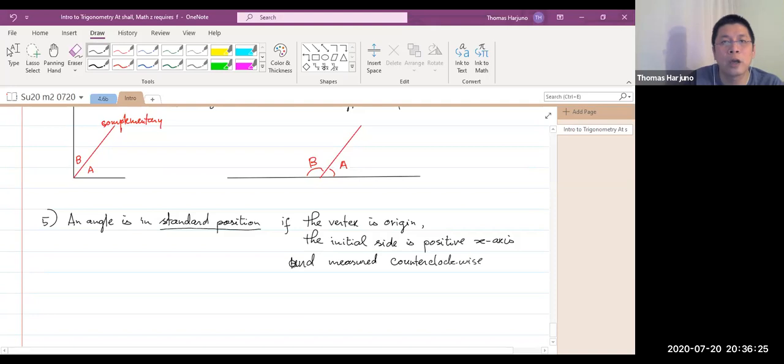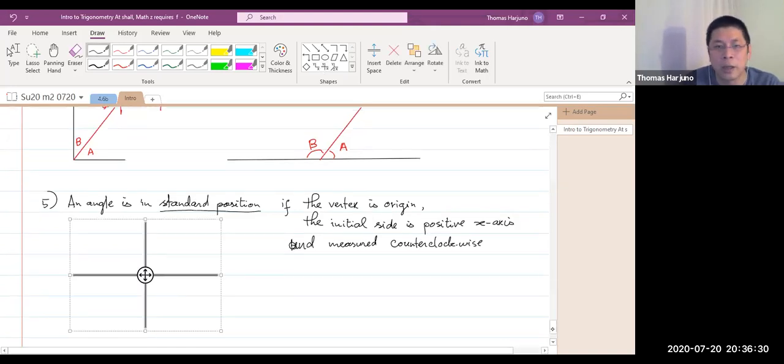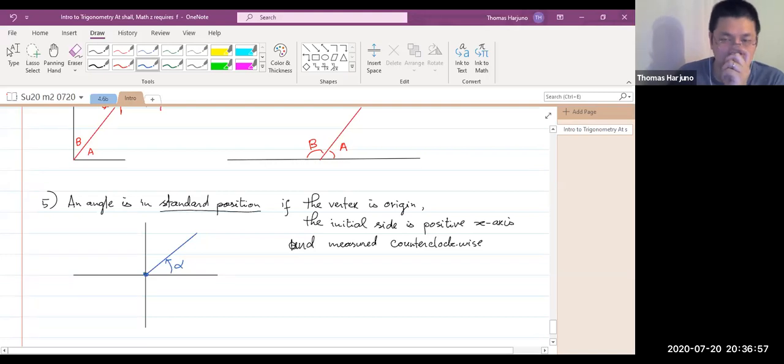Suppose I have a rectangular coordinate system here, and then I have an angle like this. Let's call this alpha. This angle is an angle in standard position because it is measured from the positive x-axis with vertex at the origin, going counterclockwise to the terminal side.